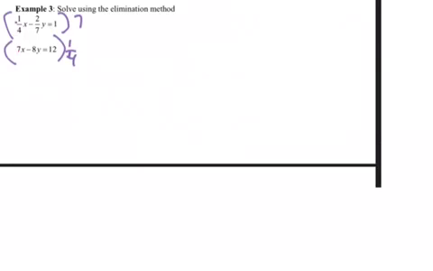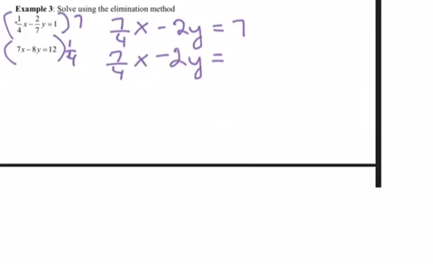So 7 times 1/4 gives me 7 over 4x. 7 times negative 2 over 7 gives me negative 2y, and 7 times 1 is 7. And then I'm going to do the same thing on the bottom. 1/4 times 7 is 7 over 4x. 1/4 times negative 8 gives me negative 2y, and 12 times 1/4 is 3.